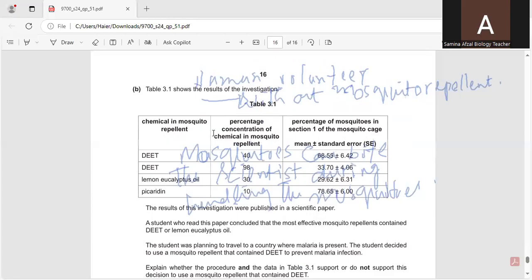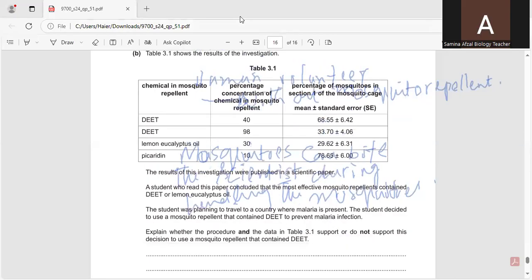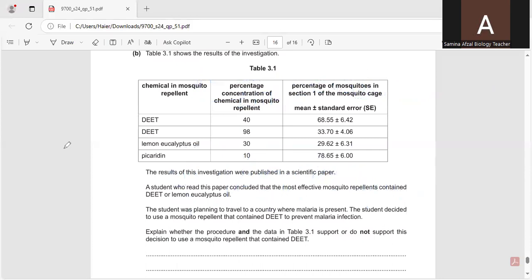Now we are moving towards the next question, which is the B part. You can see table 3.1 shows the results of the investigation. The chemical in the mosquito repellent is DEET at 40% and 98%. You can see the percentage mean standard error in both is different.